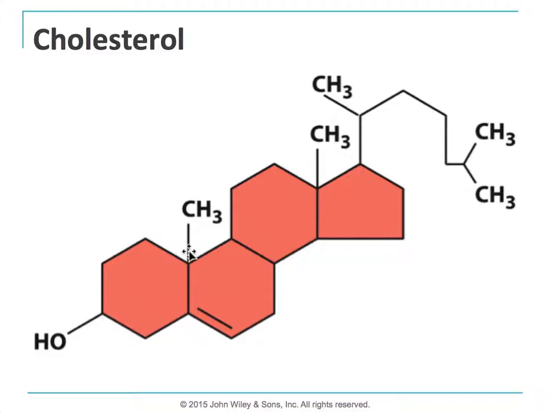They only note when the carbons are at the end. This denotes a double bond, and then this, of course, is the OH hydroxyl group. So this is what cholesterol looks like. All sterols, whether they're cholesterol or another type, are going to be made up of these carbon rings. And that is what physically sets these lipids apart from the other two that we talked about.